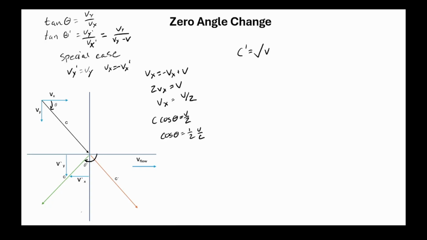So now we have Vx prime plus V, right? We're looking at the speed of light in the moving or in the stationary frame, and so we have to add the velocity here. This is going to be squared.